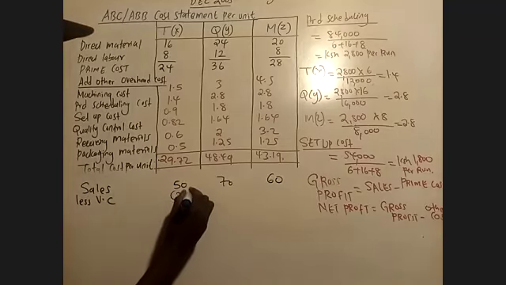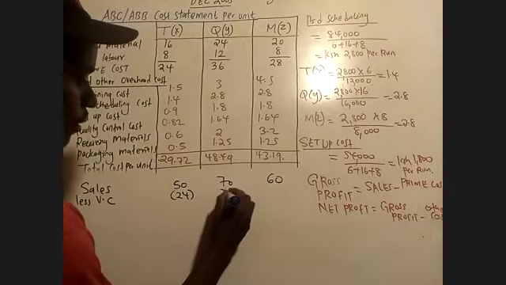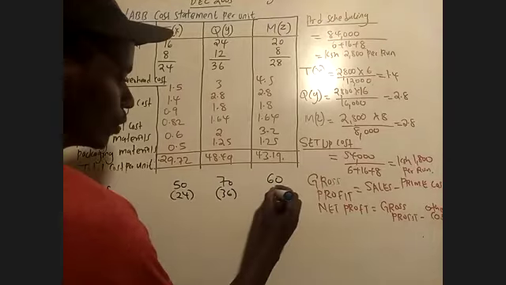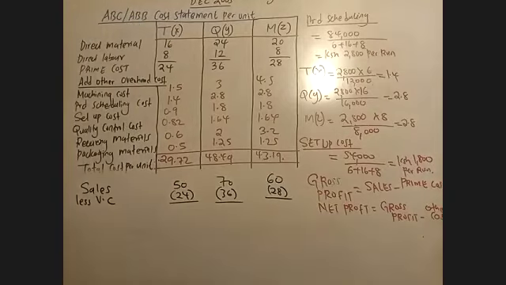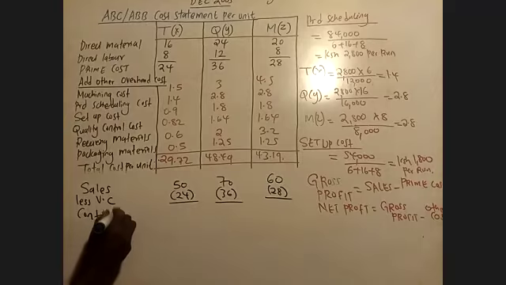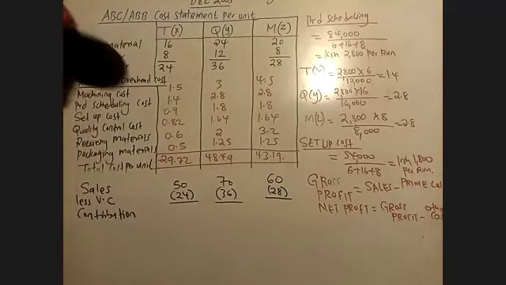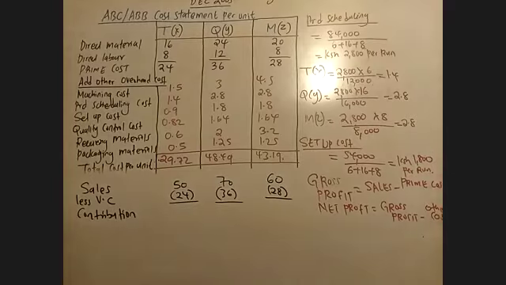So less 24, less 36, less 28. So that we can get contribution. We shall get contribution per unit. It's supposed to be per unit.